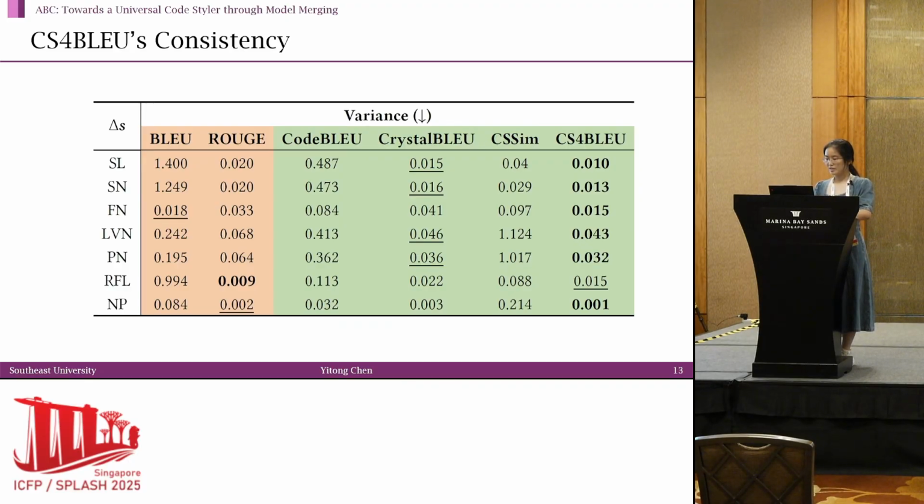The results in the table show that our evaluation metric almost always outperforms the other metrics. Especially among evaluation metrics with higher accuracy, which is the green part of this table, our metric's consistency always exceeds other metrics.